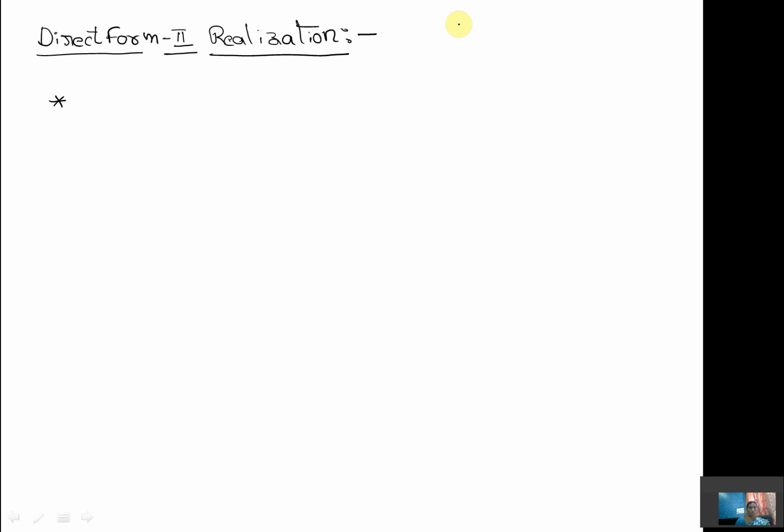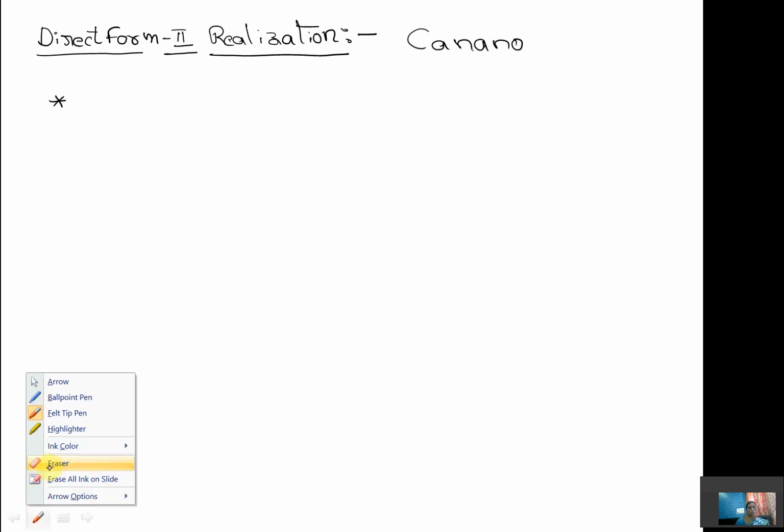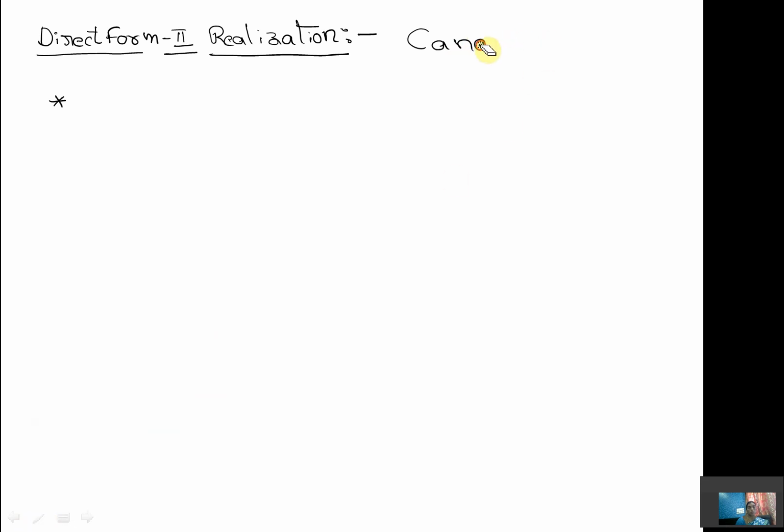Hence it is called canonic form realization structure.